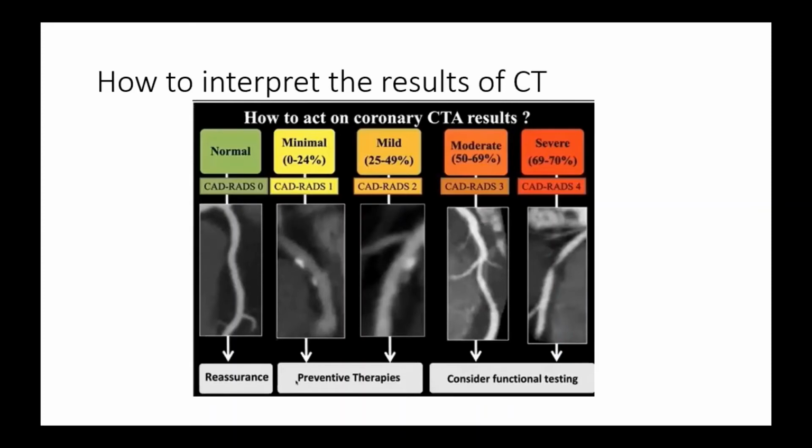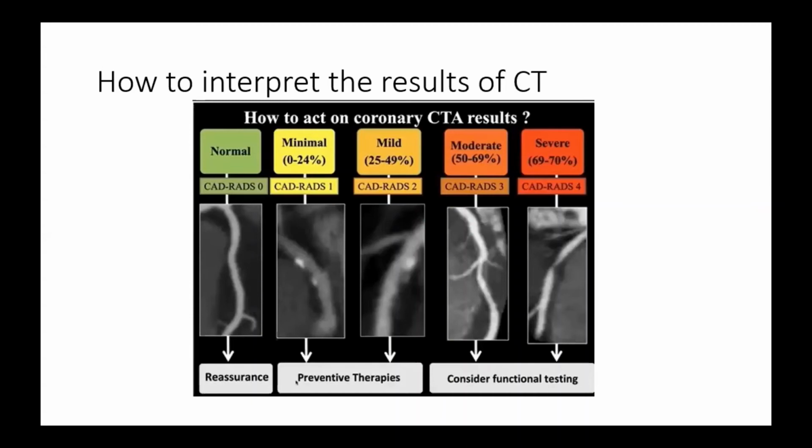Those people usually you go for preventive therapy. You reassure them and give them the preventive measures. Then you have the lesions between 50 and 69%, which are the moderate lesions, and the severe one, which is 70% or more. Those categories need further management.